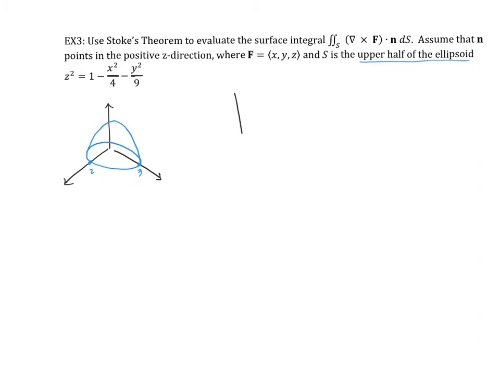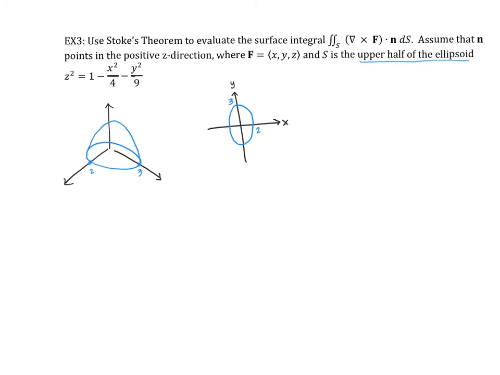I'm going to go ahead and sketch if z is equal to 0. I'm just going to do a sketch in the xy plane so I make sure I did this correctly. So x goes 2, y goes 3.